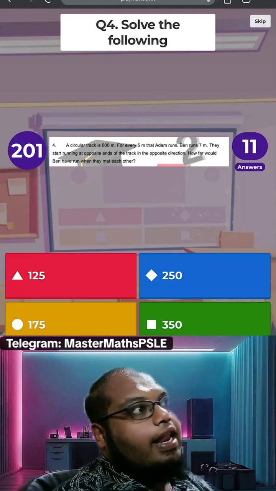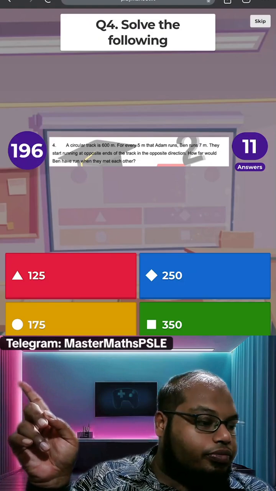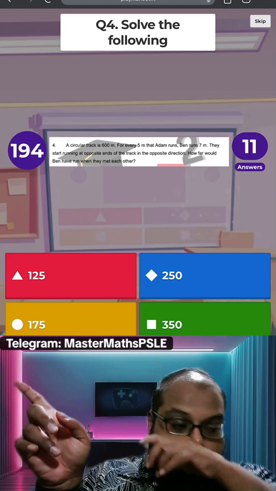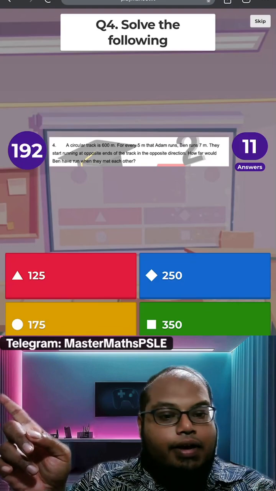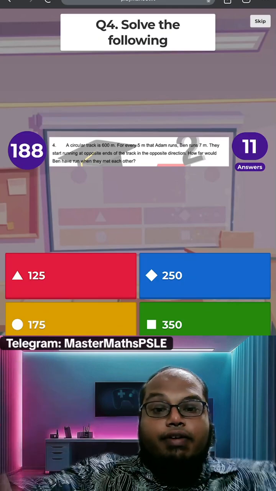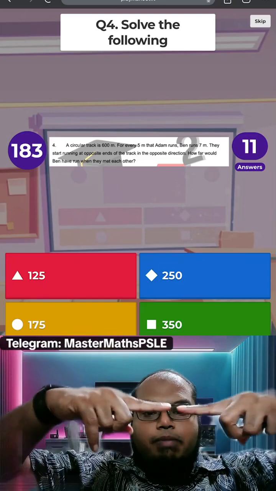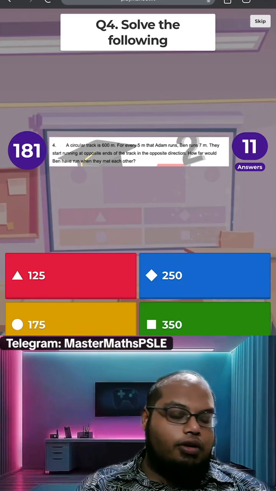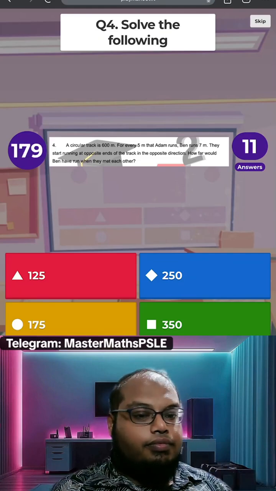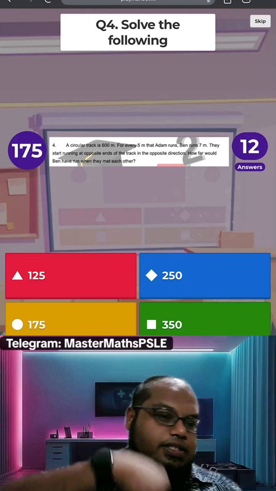Think of it like every time Ben runs this way, Adam runs 5 meter, and then Ben runs 7. So every time they cover 5, 7. Cover another 5, cover another 7. 5, 7, 5, 7, 5, 7. Until they meet. Okay? Alright, what is that number supposed to be?